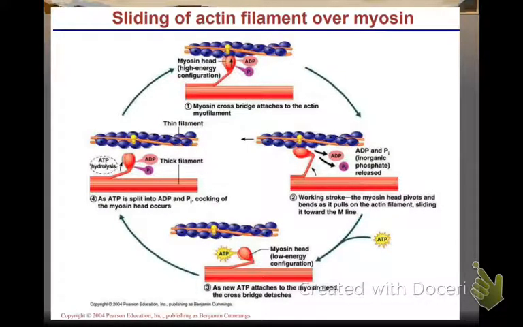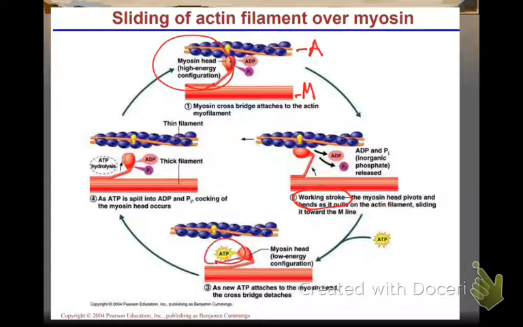So here again, the myosin head attaches to the actin. So this is the actin, this is the myosin. And when the myosin binding sites are exposed on the actin, the myosin head bonds to the actin and does what's called a working stroke or a power stroke and pulls the actin fibers across over the myosin.